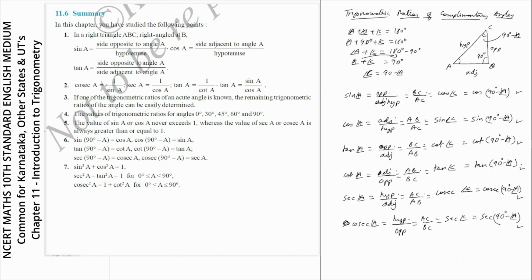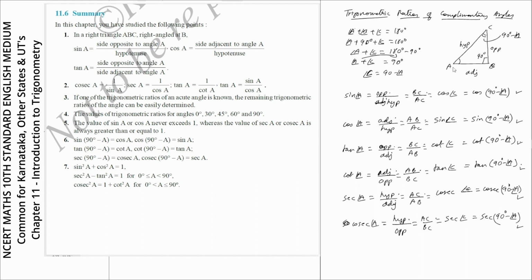And these are the ratios of complementary angles. So what are complementary angles? Complementary angles are angles whose sum is equal to 90 degree. Now in this right angle triangle you can see the sum of angle A plus angle C is equal to 90 degree.